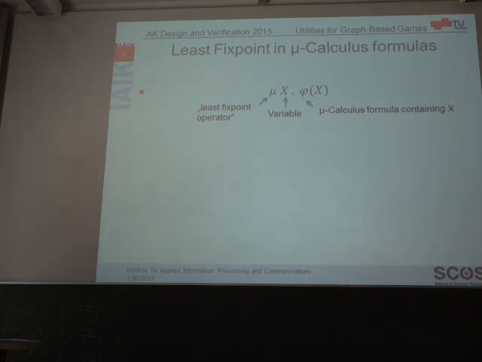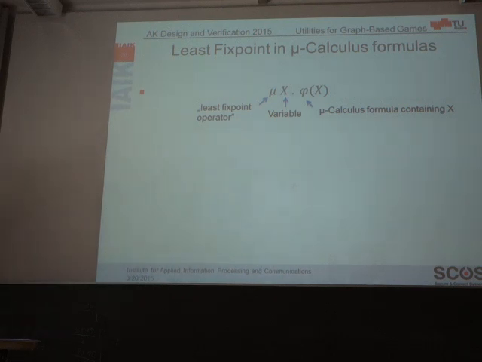Now, we already said that mu calculus formulas always evaluate to a certain set of states. So the result of evaluating this formula is always a set of states. And also this variable that we have here is a set of states. So actually, this formula phi here can be seen as a function which takes as argument a set of states x, and it also produces as a result a set of states.